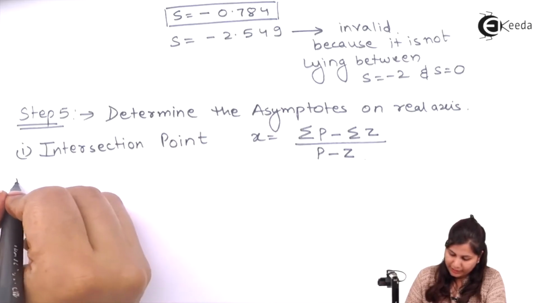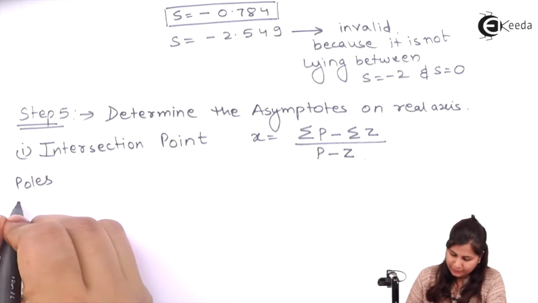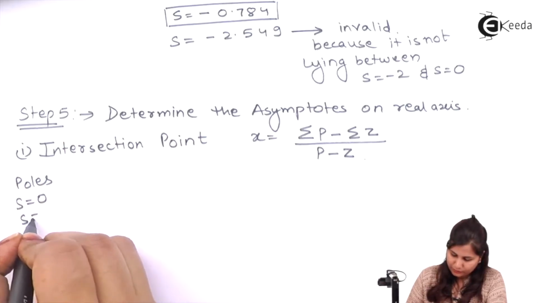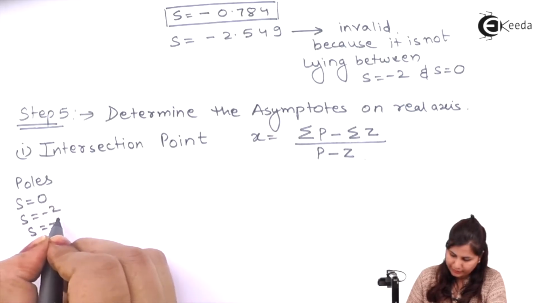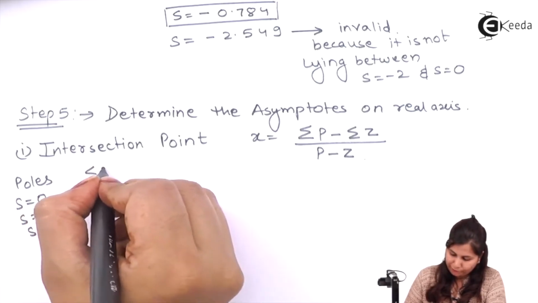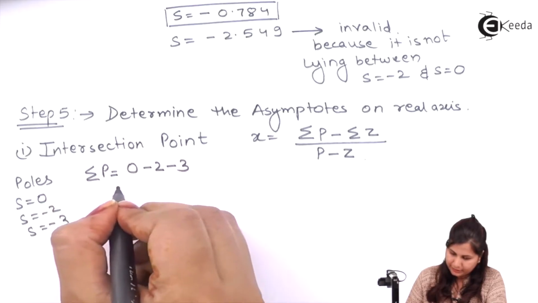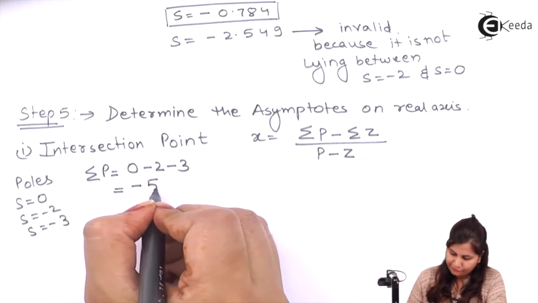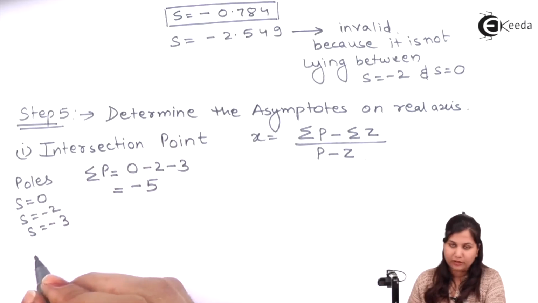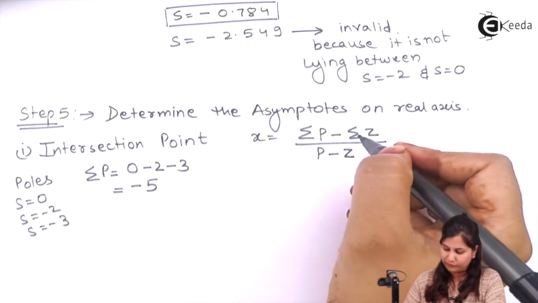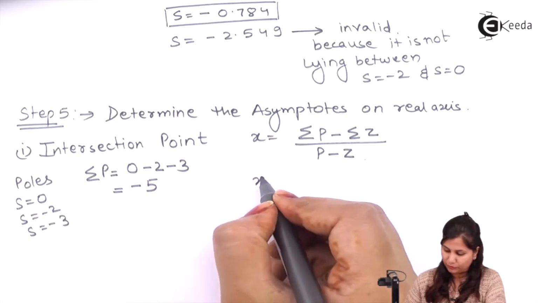The poles we have are s equals 0, s equals minus 2, and s equals minus 3. So summation of p will be 0, minus 2, minus 3, that is minus 5. And zeros, because we do not have any zero, its summation will be 0.